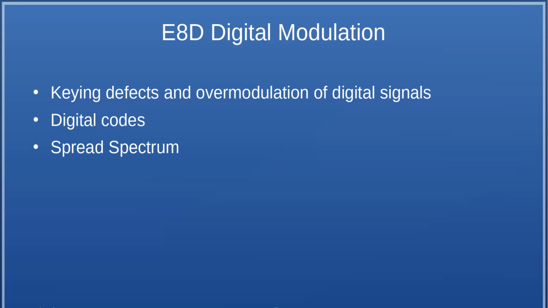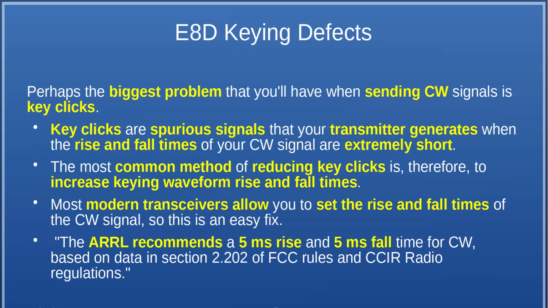So by definition, you're creating spurious emissions. So we'll talk about a couple of things you do to reduce that, some of the digital codes that are used, a little bit about spread spectrum, which you probably use every day. That's what your cell phone uses, or at least one of the forms.